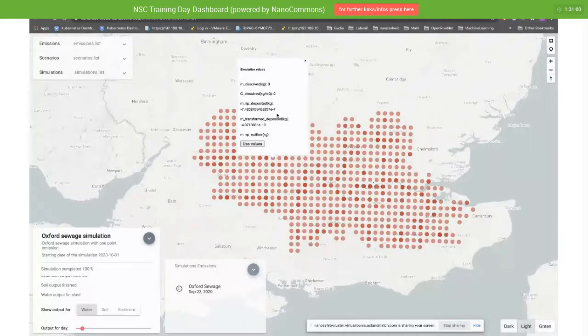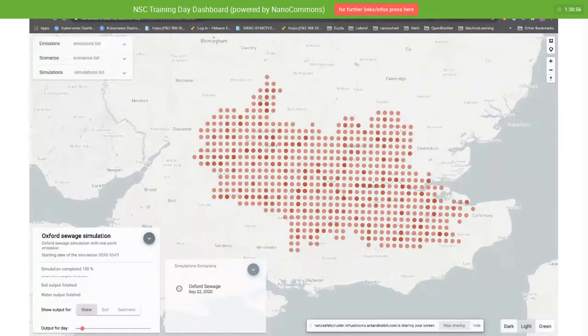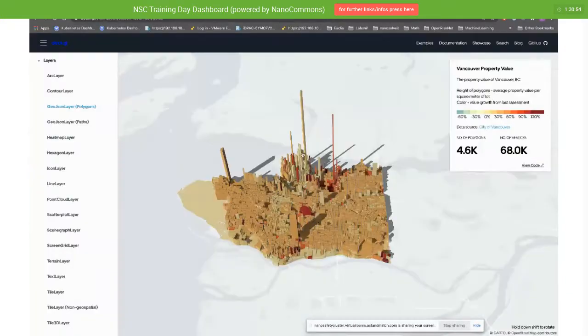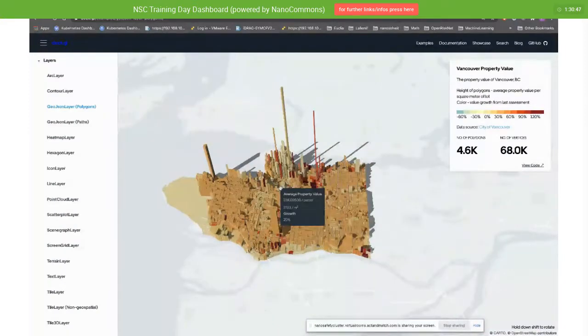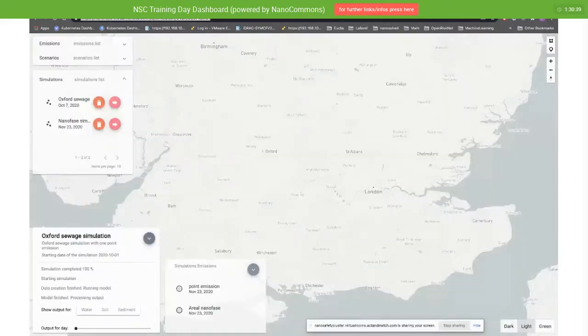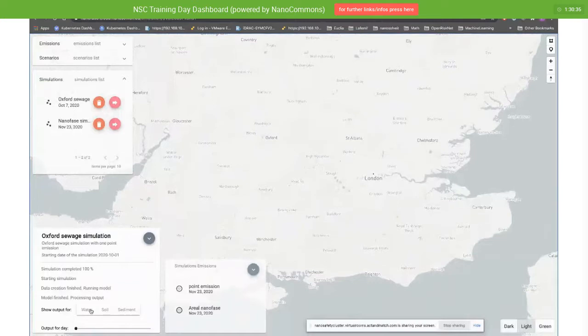This version of the application is a beta version, and right now we are working on better interpretation and rendering of the models, and the final output will be something like that, where a more reactive rendering will be available for the end user in order to see the concentration of the nanomaterials due to the simulation upon the whole catchment that is available right now.